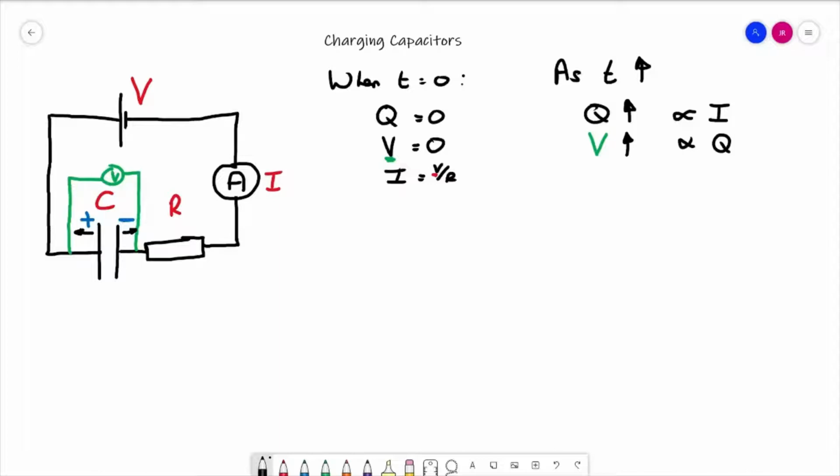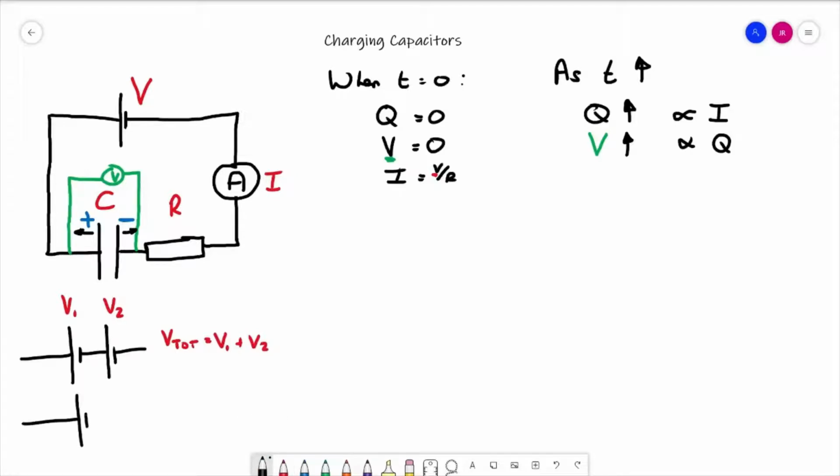What that's going to do, if we just remind ourselves, we go back to some basic ideas from DC theory. If we have two power supplies that are pointing in the same direction as each other, so if we've got V1 and V2, then the total potential difference is V1 plus V2.